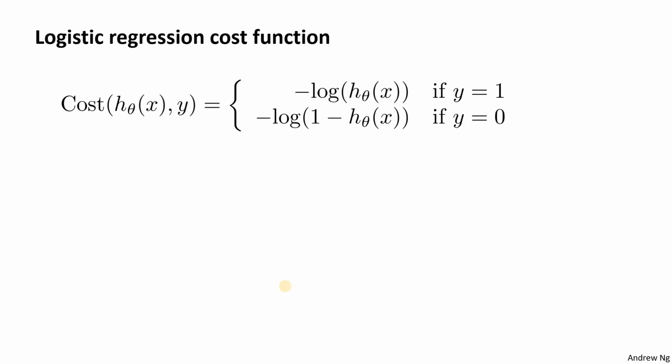Let's say in your example, you have a y which is equal to 1. Based on your h value, remember h is a floating point number, let's say you have an h value of 0.72. When you have 0.72, you will predict the output as 1.